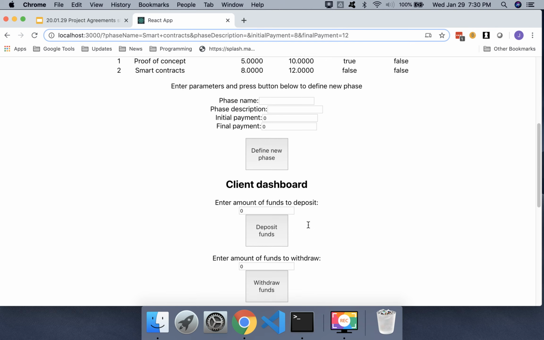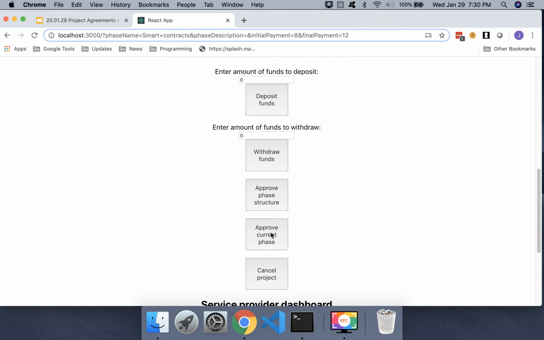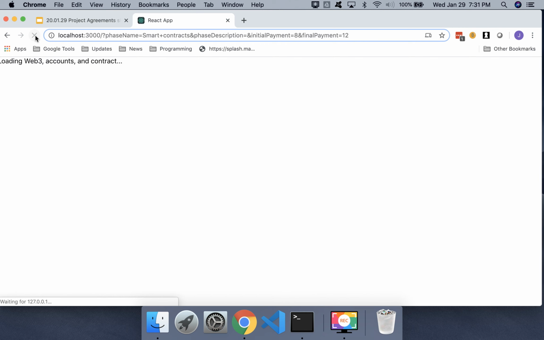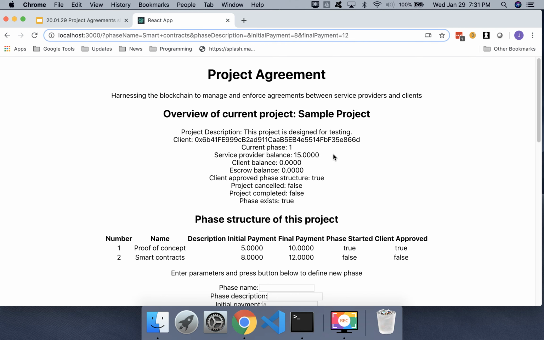So let's assume that the first phase goes well, and the client's happy with it. The client will come along and approve the current phase of the project. Now let's go back and see what happened. We'll update the screen, and you can see that the escrow balance has moved from 15 to 0, while the service provider balance has moved from 0 to 15. So the service provider has completed phase one and is now paid for it, and has access to those funds.